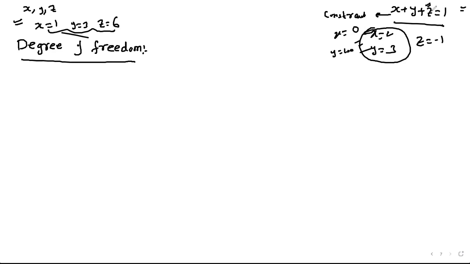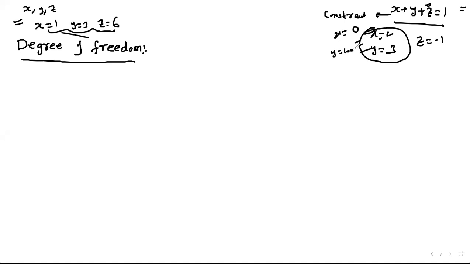You have to fix your z in a way that x plus y plus z comes out to be 1. Are you getting it, Noor? Yes, sir. I got it now. So how much is degree of freedom now? It's 2. Fazil, you got what is degree of freedom and how a constraint equation decreases it? Yes, sir.